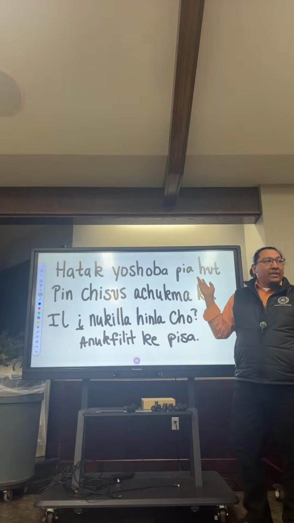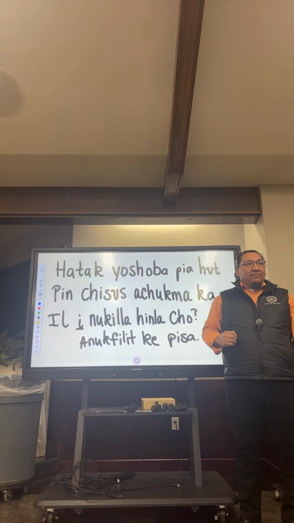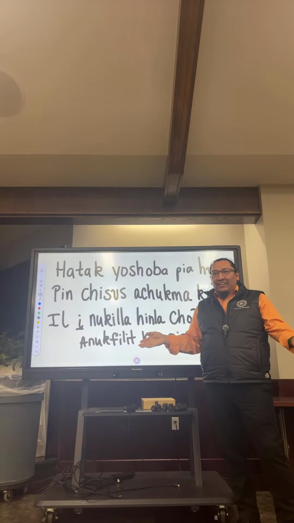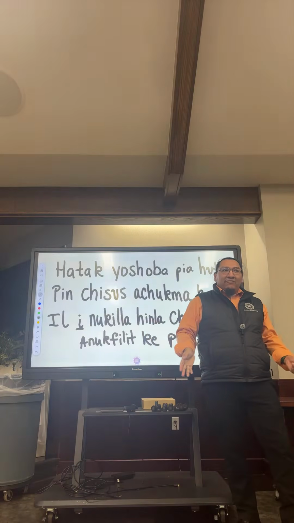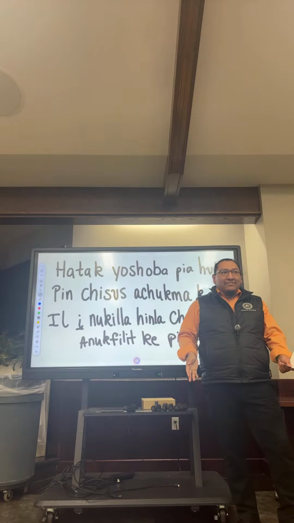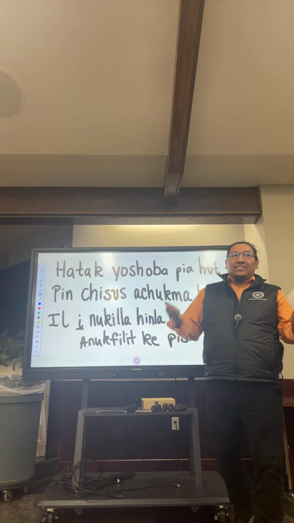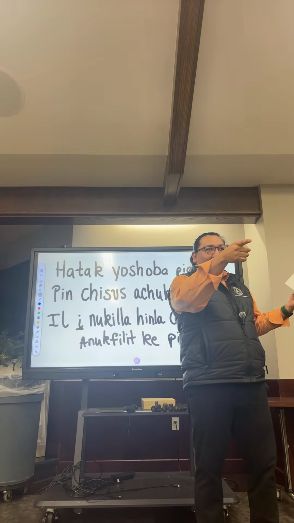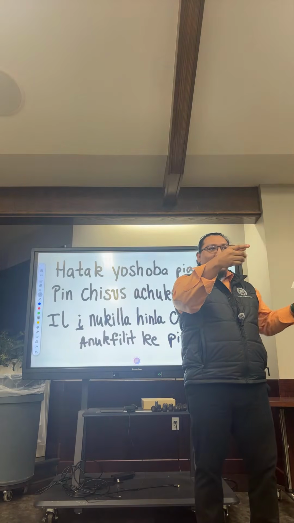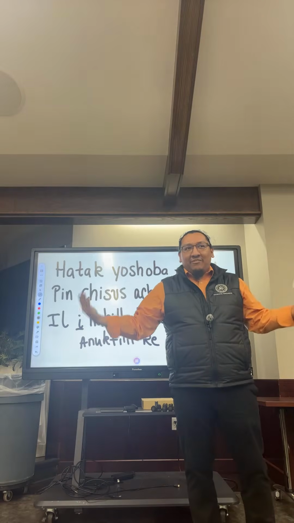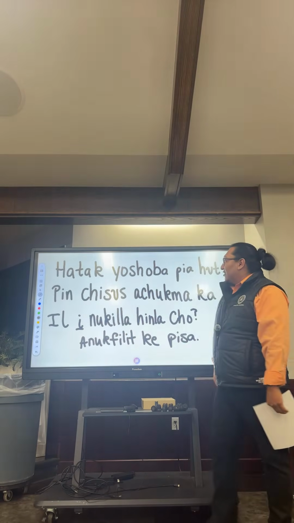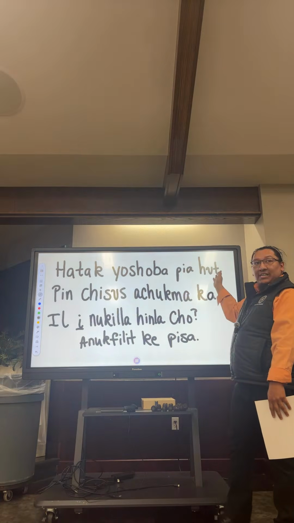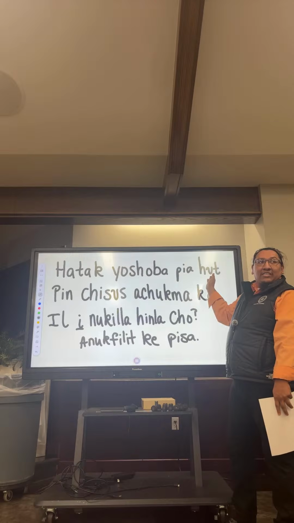Pia, does anybody know what Pia is? Chatta Pia Hoki. So if I said Chatta Pia, what does that mean? We are, yeah. So Hatak Yoshoba Pia. And remember what I said about hut or yet or any subject marker.